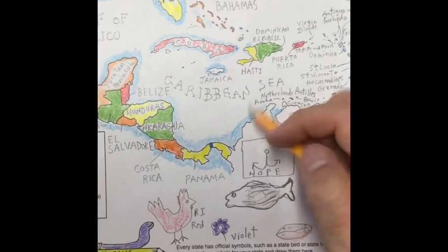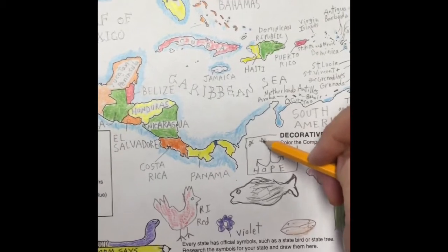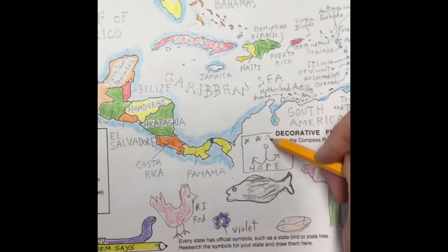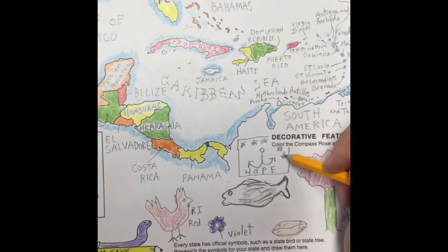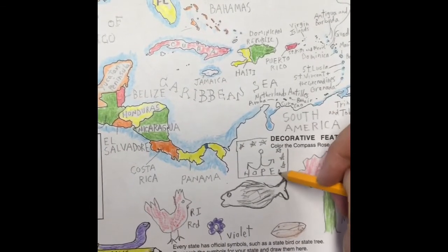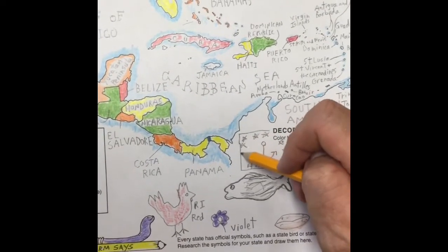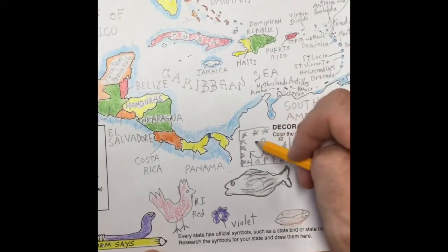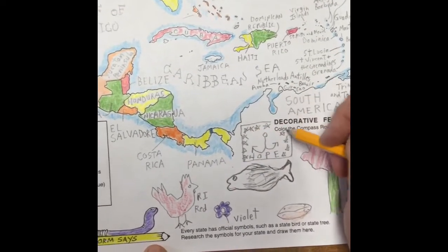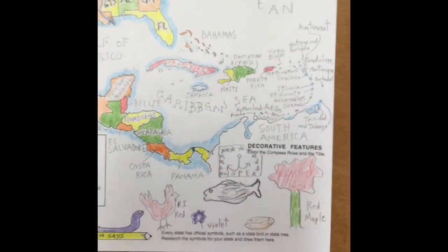And around the edge you've got 13 stars, which represent the 13 original colonies. 1, 2, 3, 4, 5, 6, 7, 8, 9, 10, 11, 12, 13. Okay, so there's our state flag.